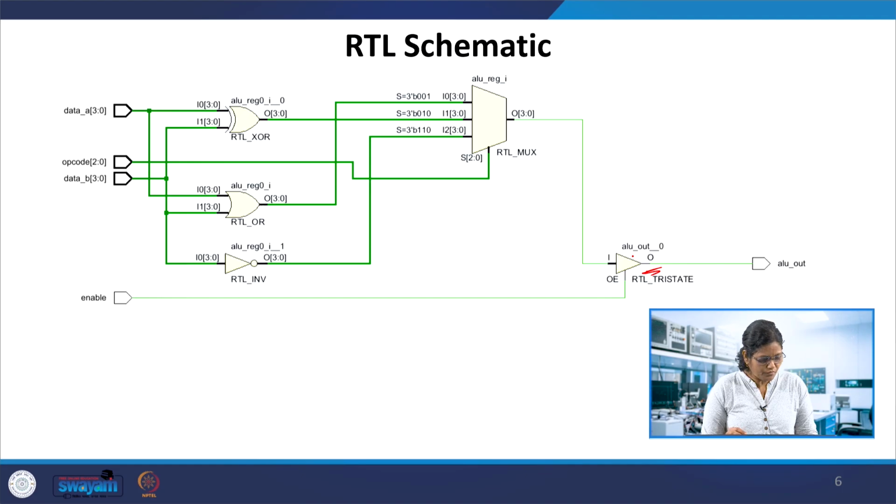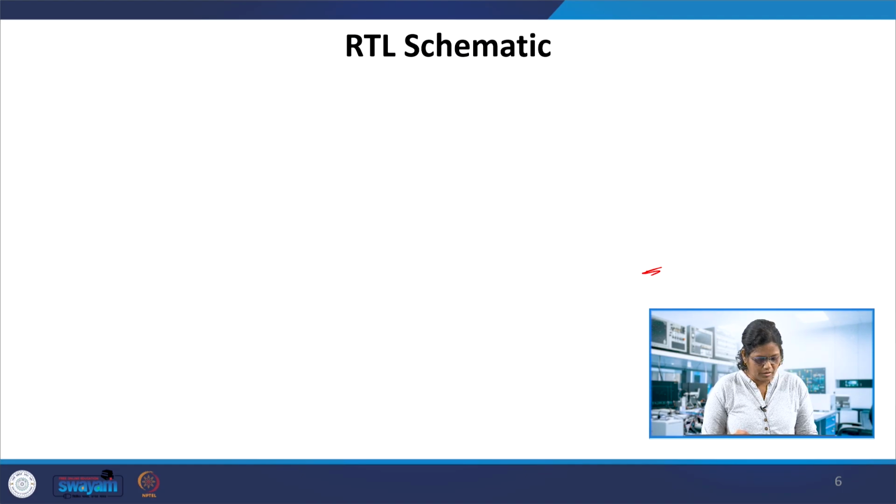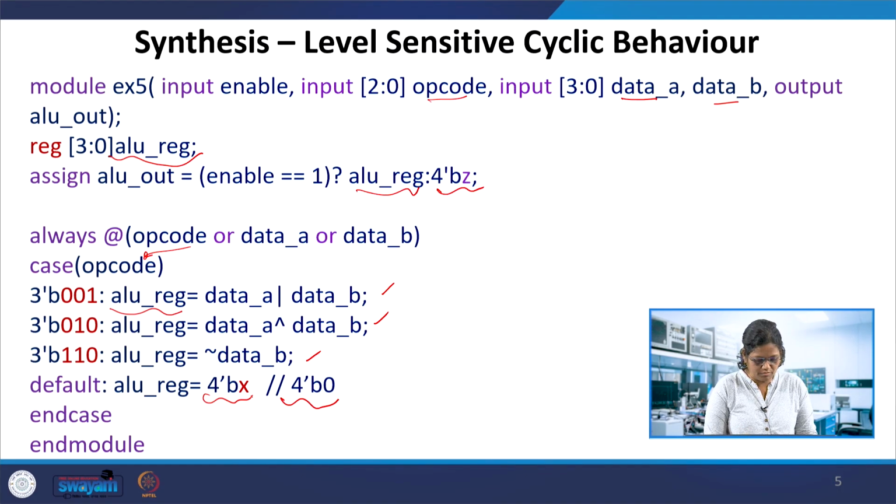Okay. If we use 0 in this case instead of X, because we use X, this X is considered to be a don't care, and in the minimization process if we consider X, the synthesized output will be less.